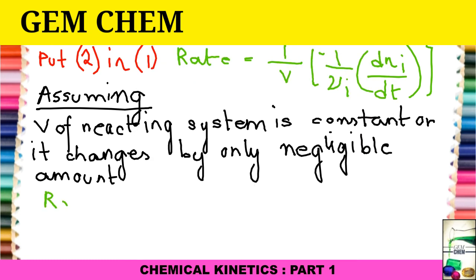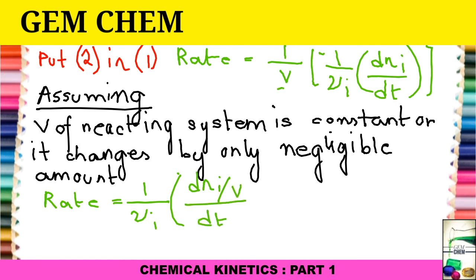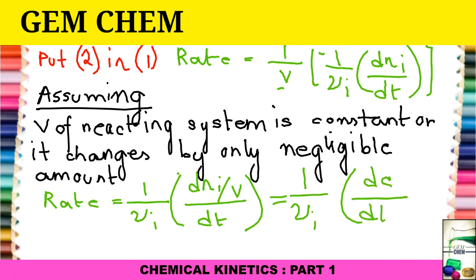Now the rate becomes like this, that is, rate equals 1 by nu i, here d Ni by V, we are taking this V inside, by dt. So ultimately we get it like this. Ni by V is our concentration, we know that, right? From kinetic theory of gases, we have already dealt with it.